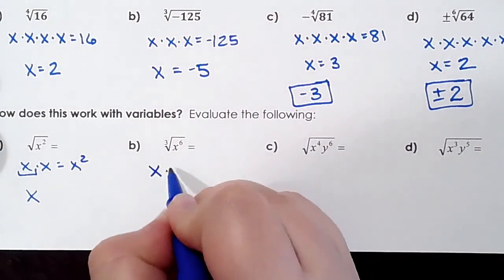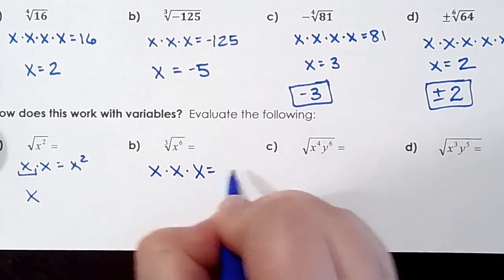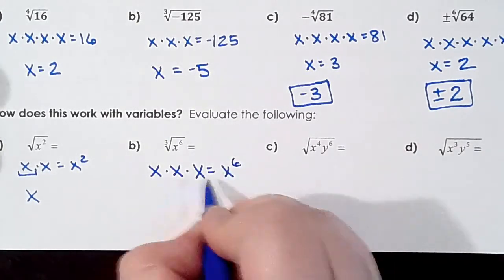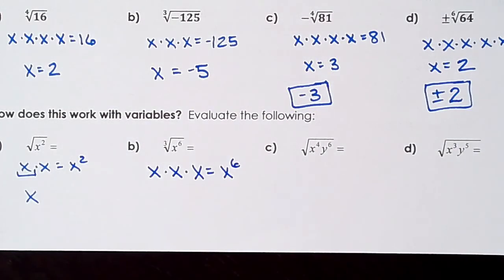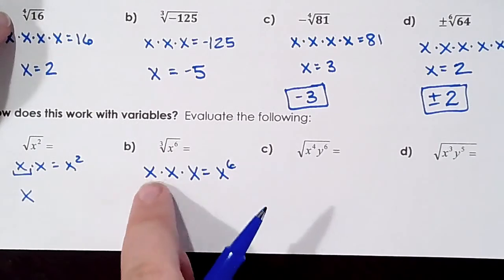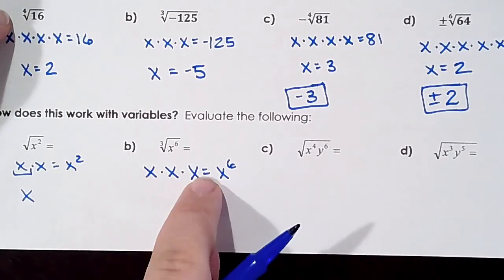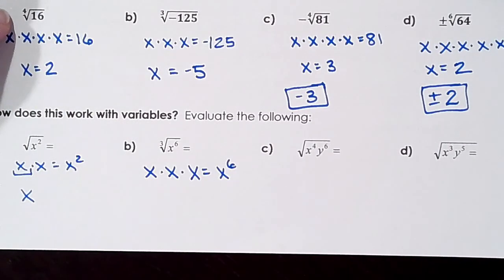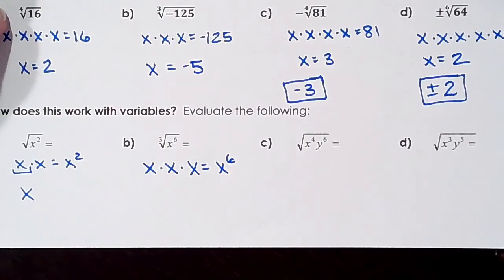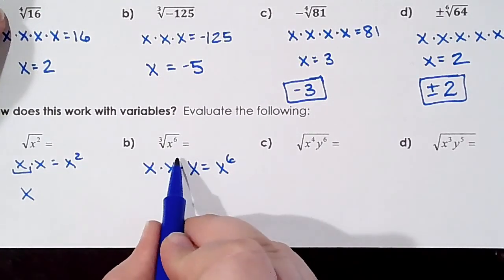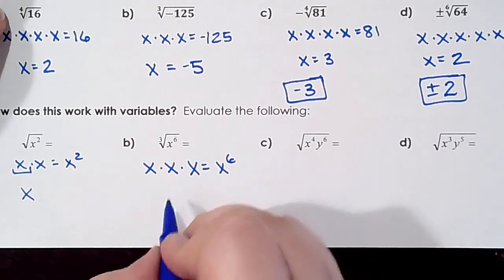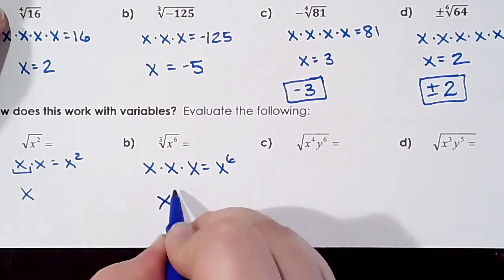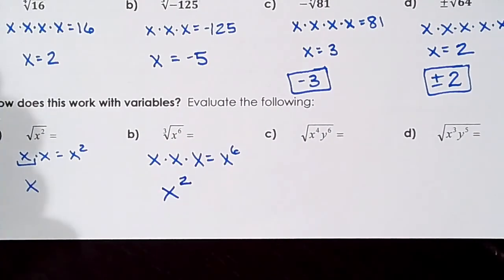I have to multiply x times x times x to get x to the 6th. What would each of those x's need to have as an exponent in order to get x to the 6th? Well, since you're doing it 3 times and we know we have to add the exponents, not multiply, add, this would have to be 2. 2 plus 2 is 4, 4 plus 2 is 6. So our only answer would be x squared.